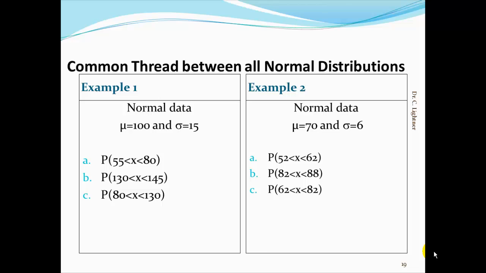For our second example, we have normal data with a mean of 70 and a standard deviation of 6. For this example, we want to compute the probabilities that x falls between 52 and 62, the probability that x falls between 82 and 88, and the probability that x falls between 62 and 82.